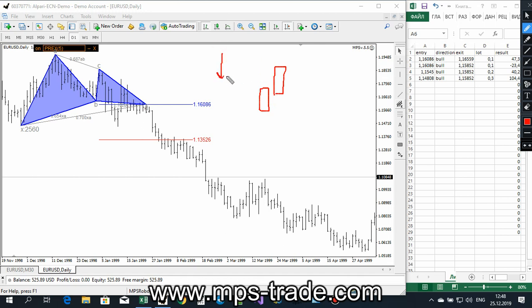So these were bear candles, bear candles, bear candles. We should have at least 2 candles of opposite direction. So if we had these 2 candles, then we had a retracement. And if we didn't have two candles, then we didn't have a retracement.